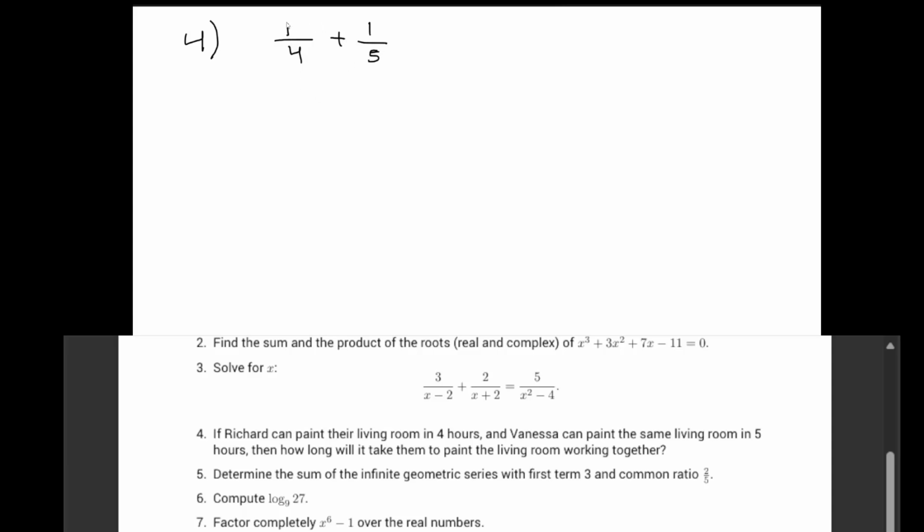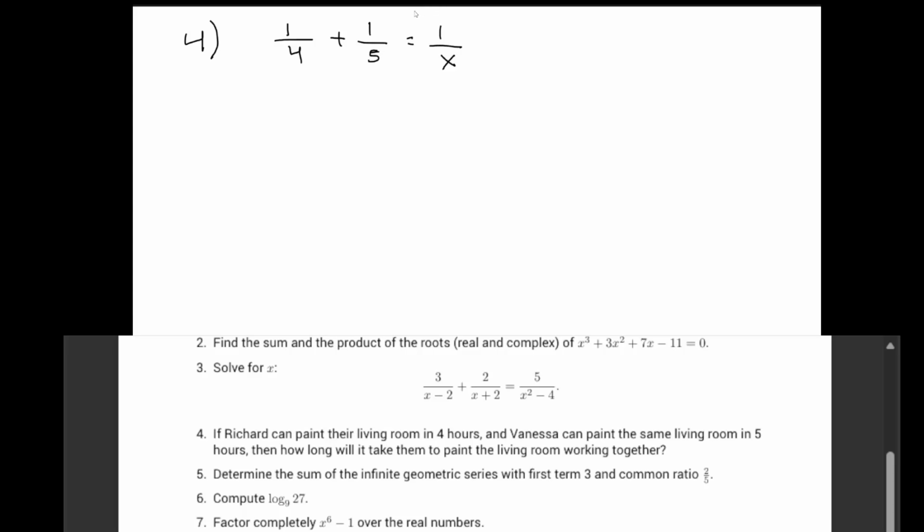For every one room, it's 4 hours. For every one room, it's 5 hours. And how long will it take for them to work together? So this will be for every one room, x hours. So we can't just do 4 plus 5. Not how it works. And you'll see why.